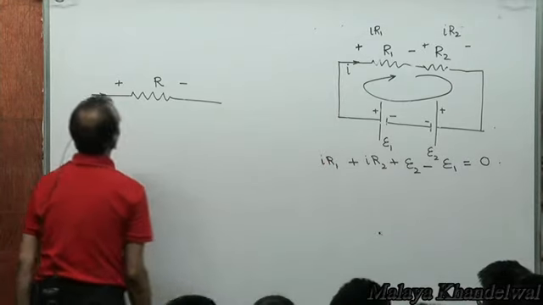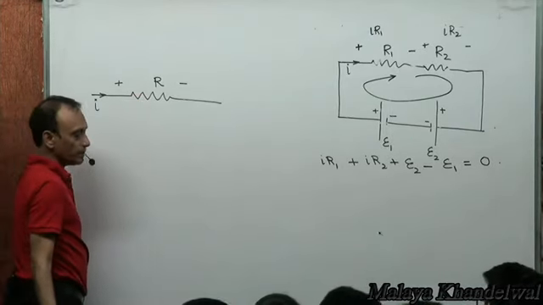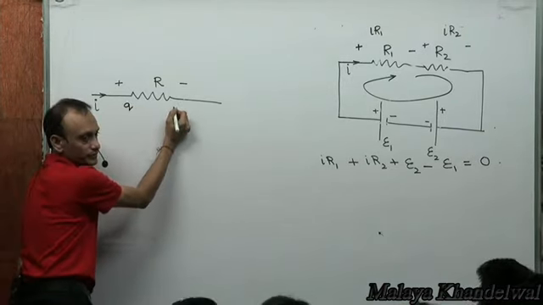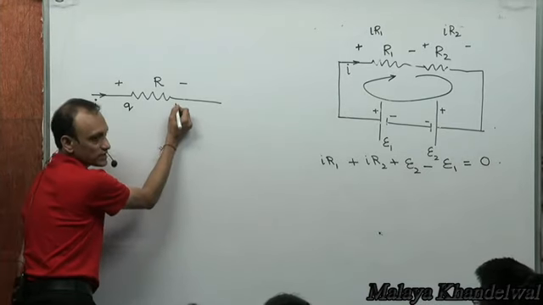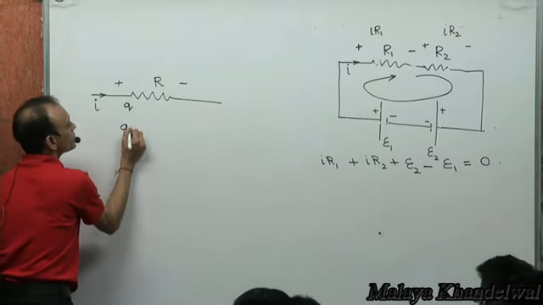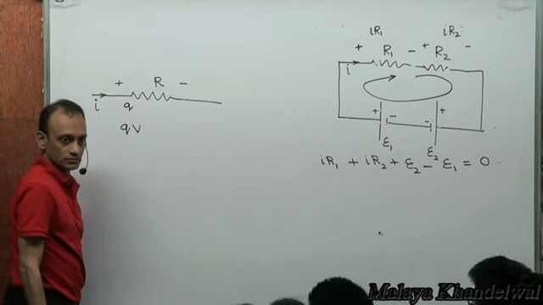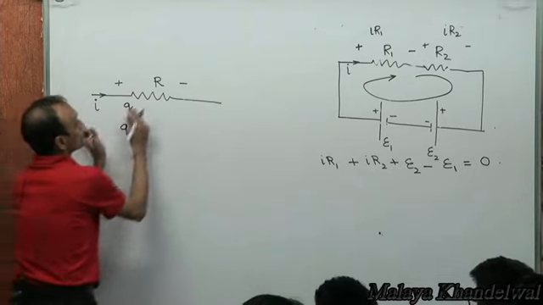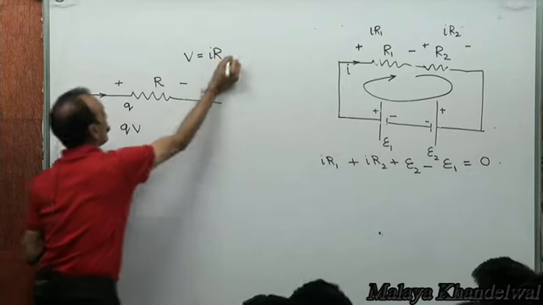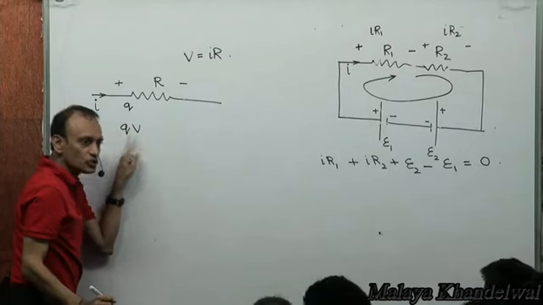Essentially, if there is a charge Q that goes from this end to this end, it gets de-energized. It loses energy. How much energy does it lose? It loses energy Q into V. V is the drop in potential. What is V? V is I into R. So the energy lost by this charge in going from here to here is Q into V, right?